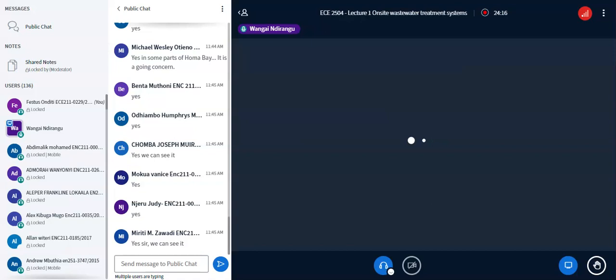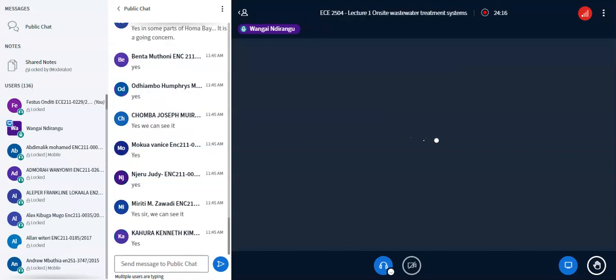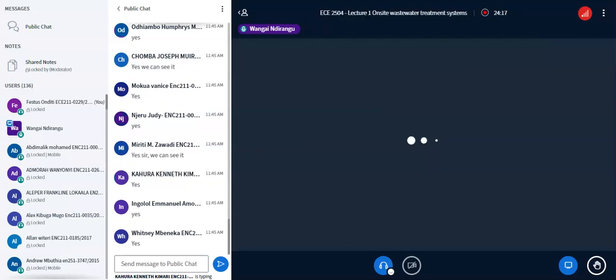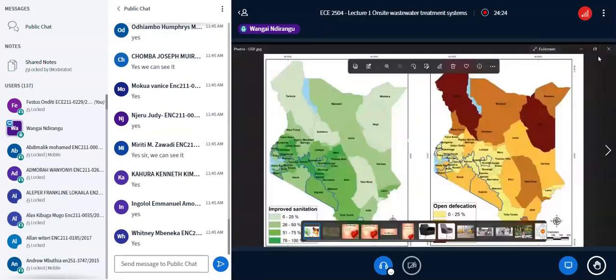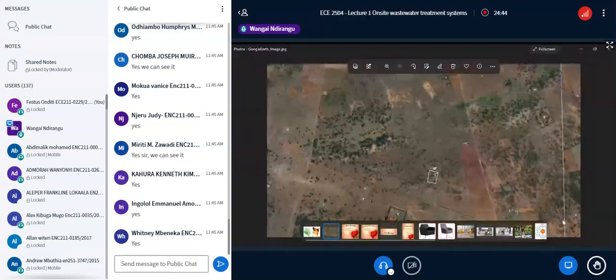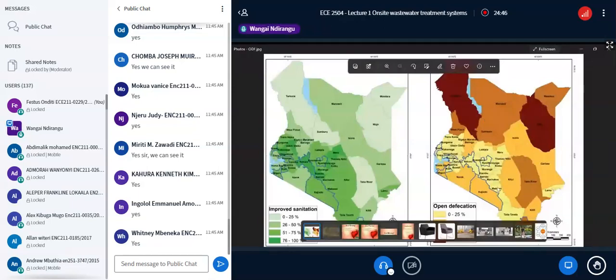Now, when you look at that image that we have up there, what you see is that on the map on the left, very many of our counties, for example, the whole of Wajir and Turkana, have more than 75% of the population defecating openly in the field.